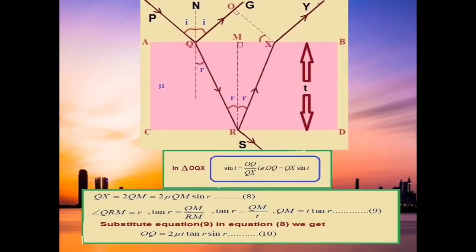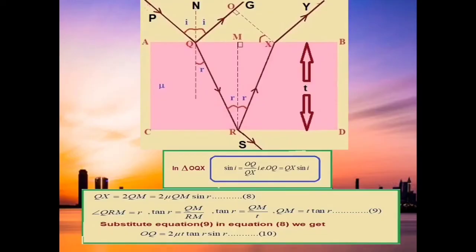QX is equal to twice QM from the diagram, which is equal to twice mu QM sin r. This is equation 8. Angle QRM is equal to r and tan r is equal to QM divided by RM. Tan r is equal to QM divided by t. From this, QM is equal to t tan r.